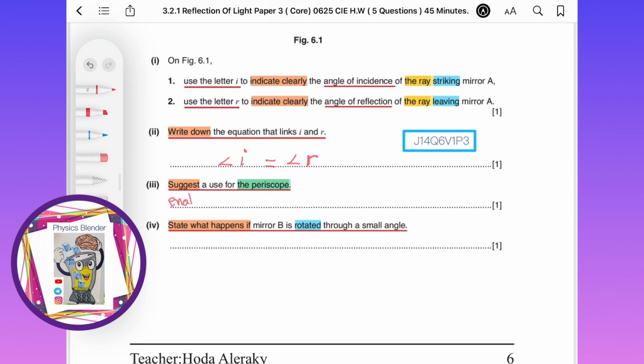Enable an observer to see his surroundings.